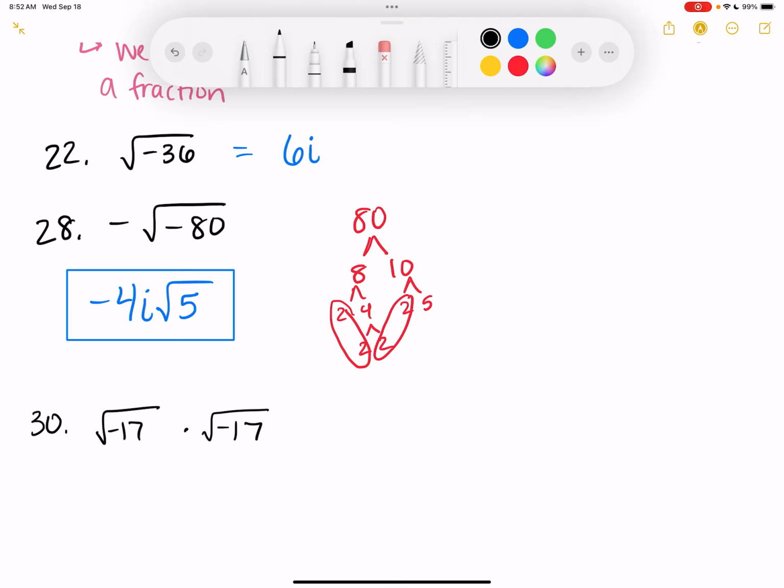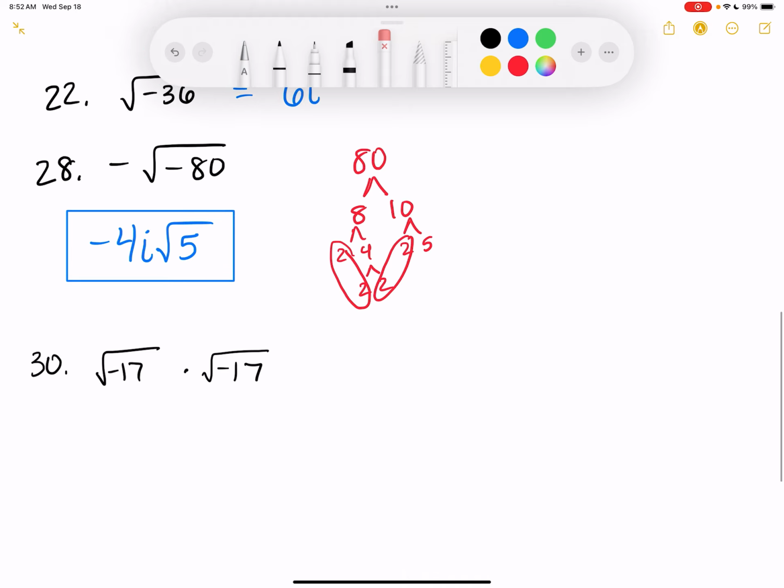I can multiply the stuff underneath the radicals and save a whole bunch of steps, or I can take out an i from both and end up with i squared and then multiply all of that, which is a lot more. So what I would recommend personally is to say this is the square root of negative 17 times negative 17.